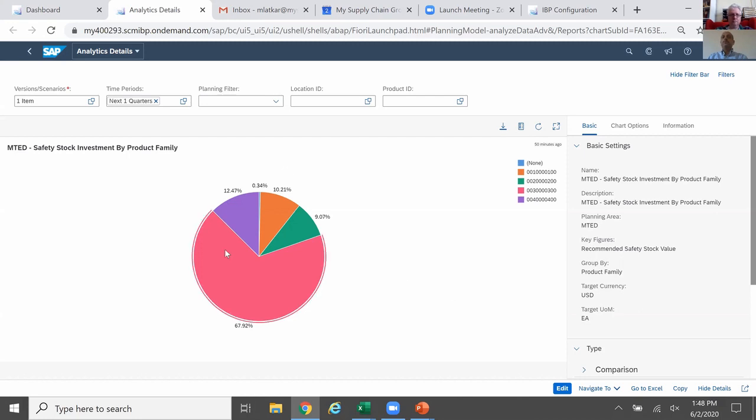This is in percentage, you can also have these values, and even by regions. So you can build this kind of dashboard using this information. So the majority of my safety stock investment at the moment is for that product family 3000300, the red one. Right. Yes, so you are going to invest more value for this family.